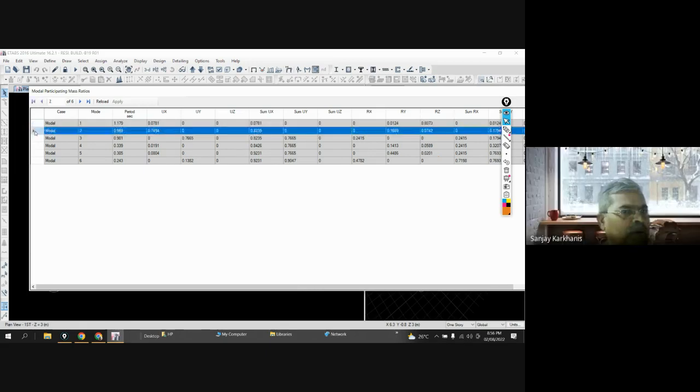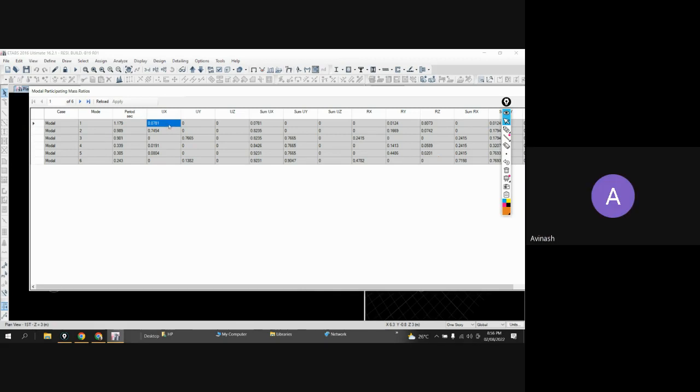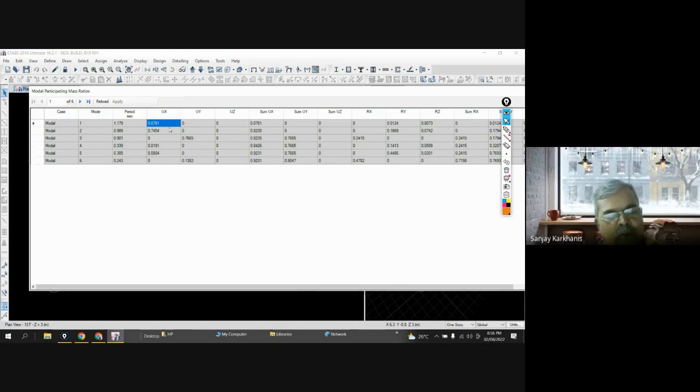Okay, now go to second mode. Now second mode says that your time period in second mode is 0.989 and contribution of the mass getting involved in UX direction. Yeah, this was not 78, it was 0.0781. So 7.8%. So negligible mass, and maximum mass was getting activated in RZ, that is rotation about Z axis. So that's why you see your first mode in torsion.